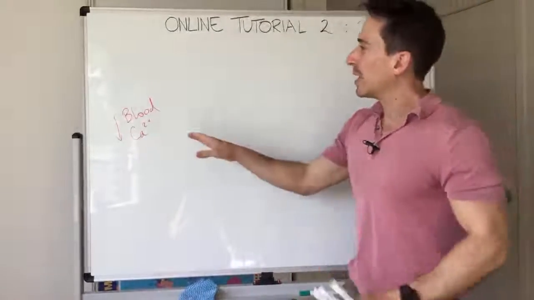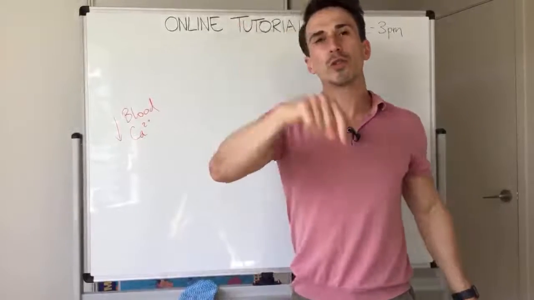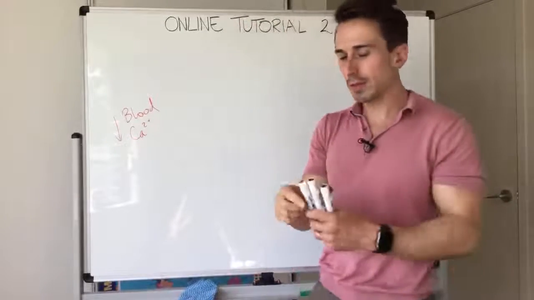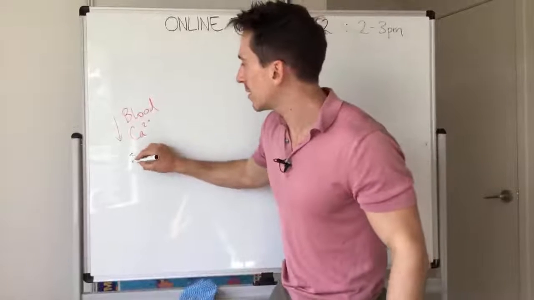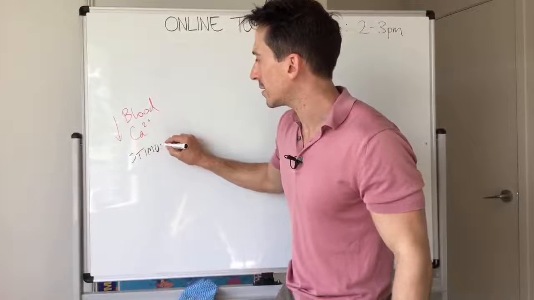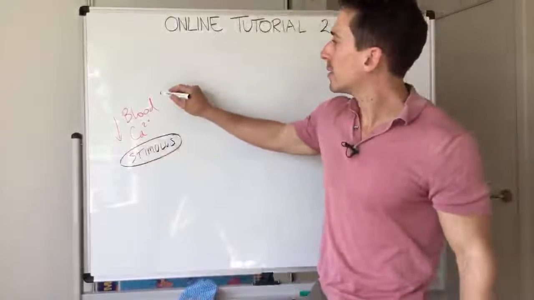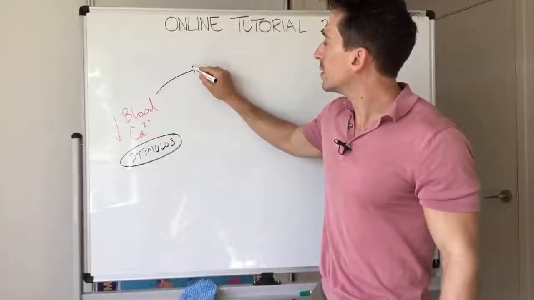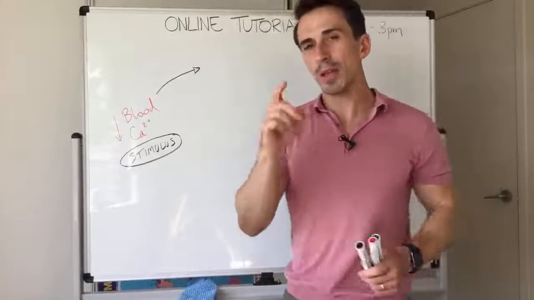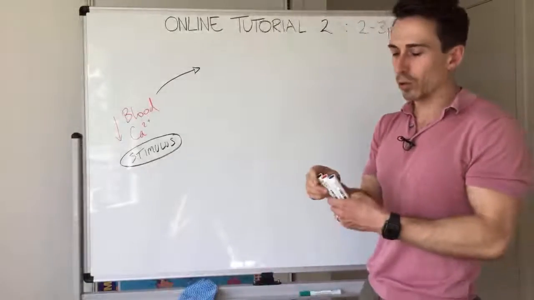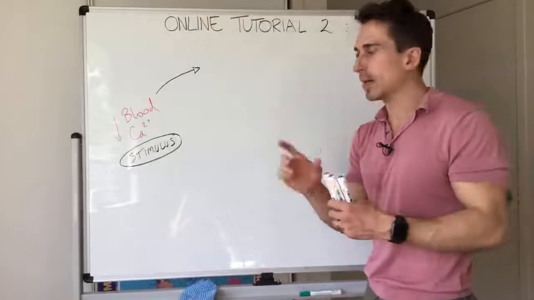All right, you ready? So, blood calcium drops too low. What happens? Well, this is the stimulus. Remember, all homeostasis has the same components. This stimulus will be picked up by receptors on a particular organ or gland. This particular organ or gland is called the parathyroid gland.